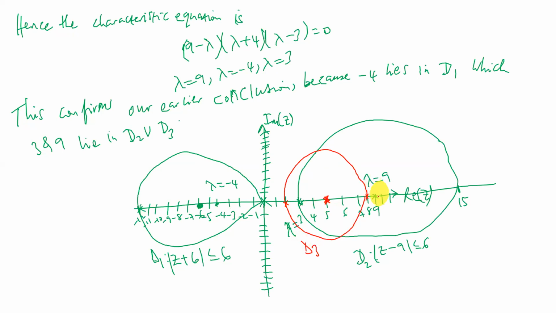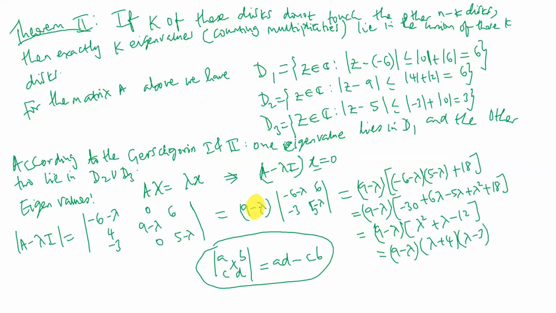Let's see now. This one is lambda equals 9, and then lambda equals 3 is actually in the other two. Obviously, you can see that these two disks do not touch. Of the 3 disks, one disk is separate, and only 2 disks touch.